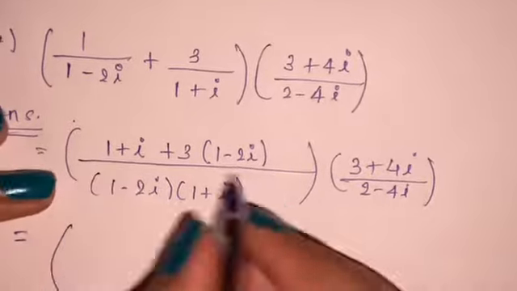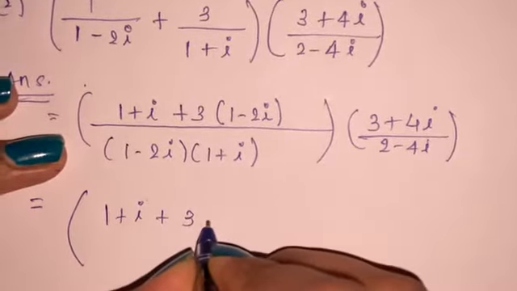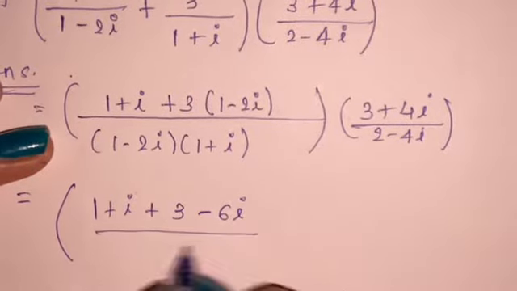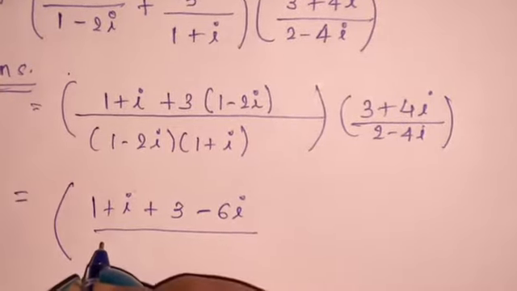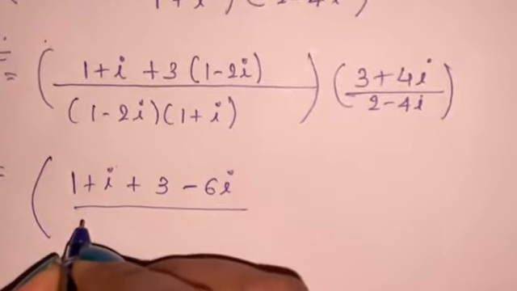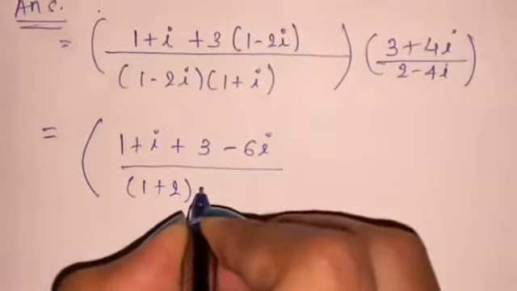now solve this. 1 plus i plus 3 minus 6i, okay, upon AC minus BD plus i, AD plus BC. With the help of that, you will get 1 plus 2. If you are not comfortable, then you can simply multiply.